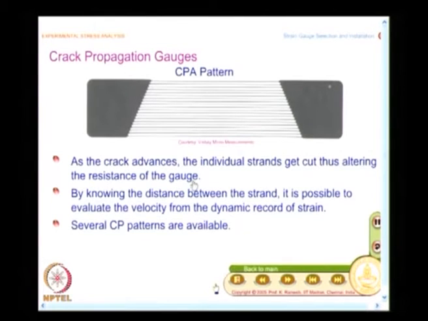So, use the same principle, you are not measuring strain, but you are measuring crack propagation. Very interesting, because I know the distance between the strands, so I can also find out the velocity. Since I know the distance between the strands, it is possible to evaluate the velocity from the dynamic record of strain.